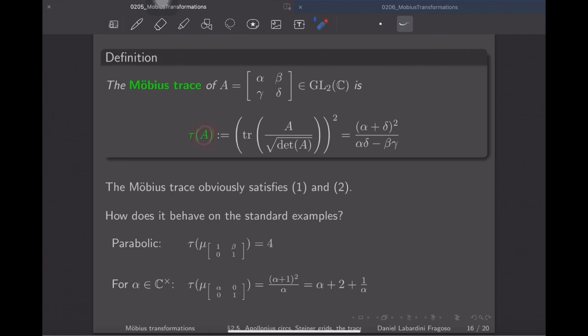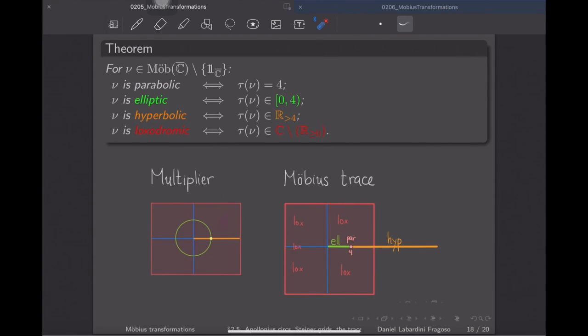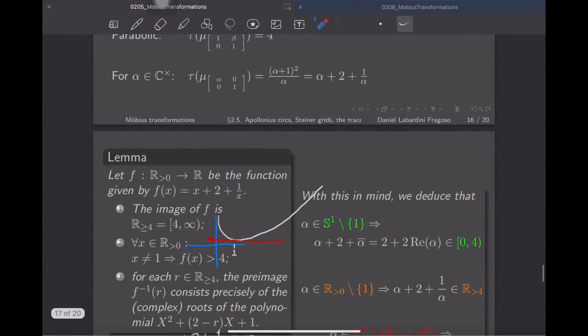It is possible to decide the type of the Möbius transformation depending on where this number is located. We saw that a Möbius transformation is parabolic precisely when its Möbius trace is 4. We noticed that all parabolic Möbius transformations are conjugate in C bar.